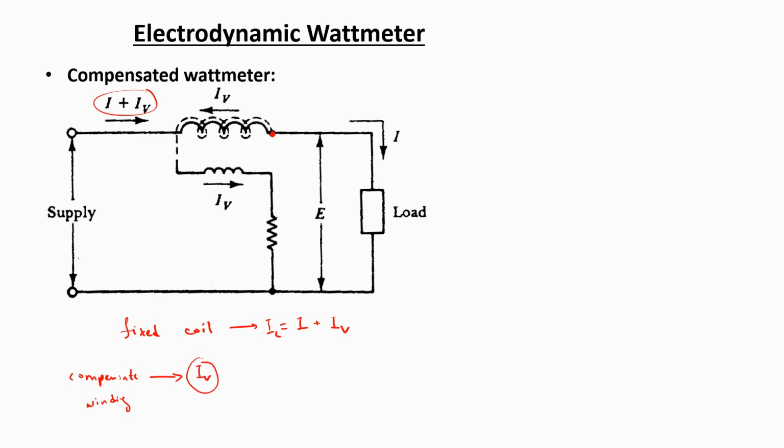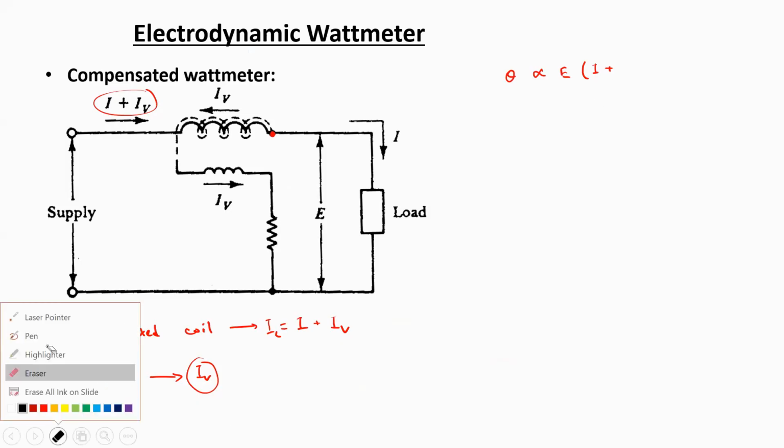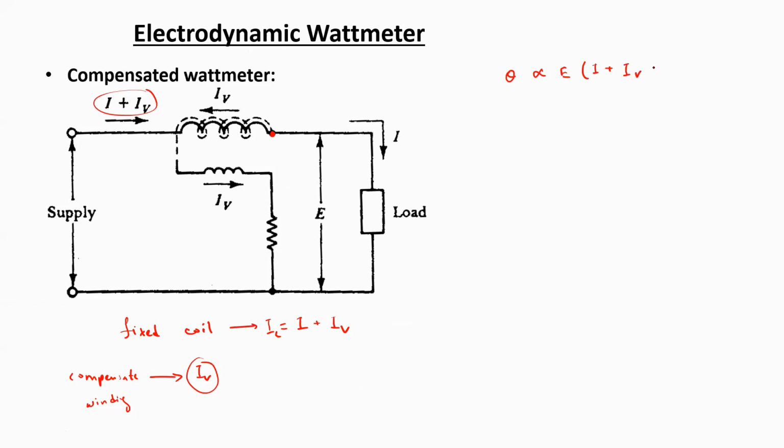So in that sense, we can say that theta should be proportional to E into I plus IV minus IV. So this negative component is coming from the presence of the compensated winding, as the compensated winding is going to create a magnetic field in the opposite direction.